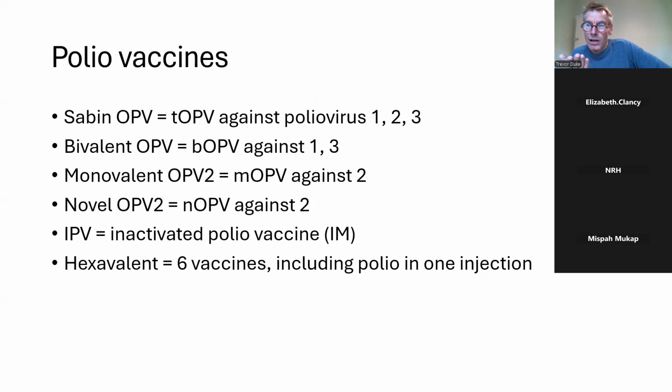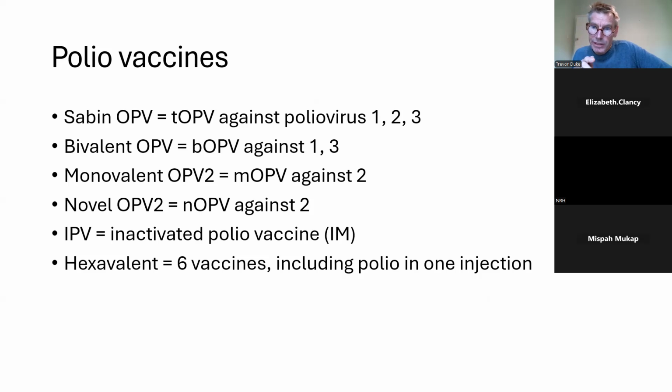So Sabin oral polio vaccine is what we had been using for 50 years. Sabin is the trivalent vaccine, so sometimes called TOPV, trivalent oral polio vaccine, and it's a vaccine against poliovirus 1, 2, and 3.